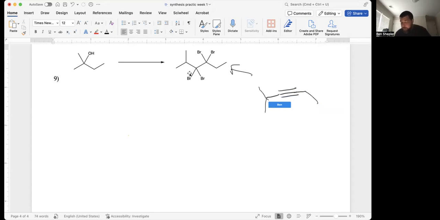How about having the correct number of carbon atoms? So I think that would be the alkyne that we would make. 5, 6. Yeah, that's the alkyne that we would make our thing loaded up with the bromines. So how do I add 4 bromines to an alkyne? Yeah, excess Br2.